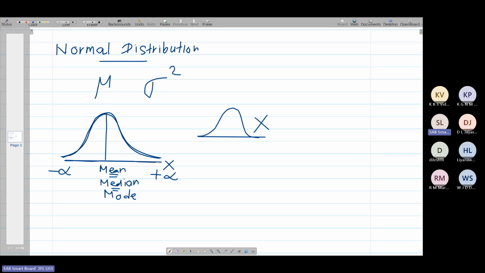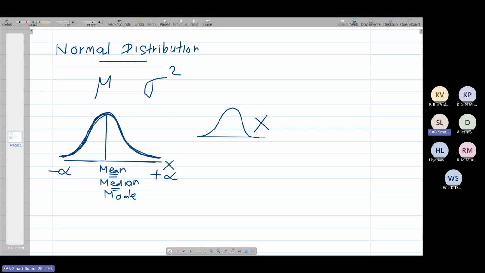It means this curve goes from minus infinity to plus infinity. Is it clear? Understood? Okay, these are the characteristics. This is the normal curve, and this is the probability distribution.